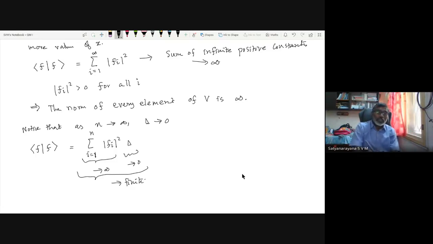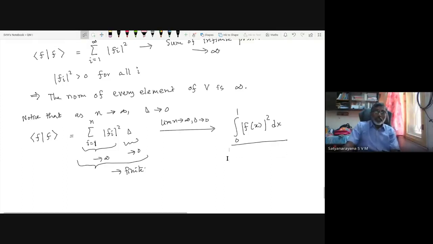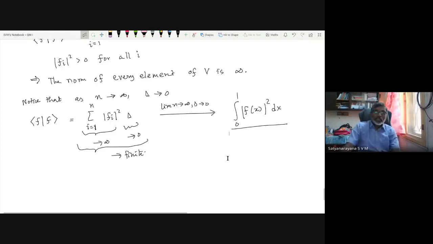If you do this and evaluate it in the limit n tending to infinity and delta tending to 0, this can be written as the integral from 0 to 1 of mod f of x squared dx. So this is going to be a new definition of the inner product for the vector space of functions.